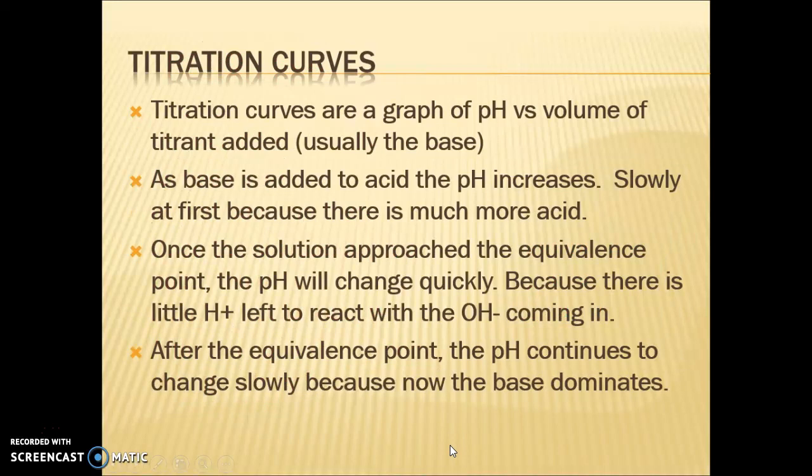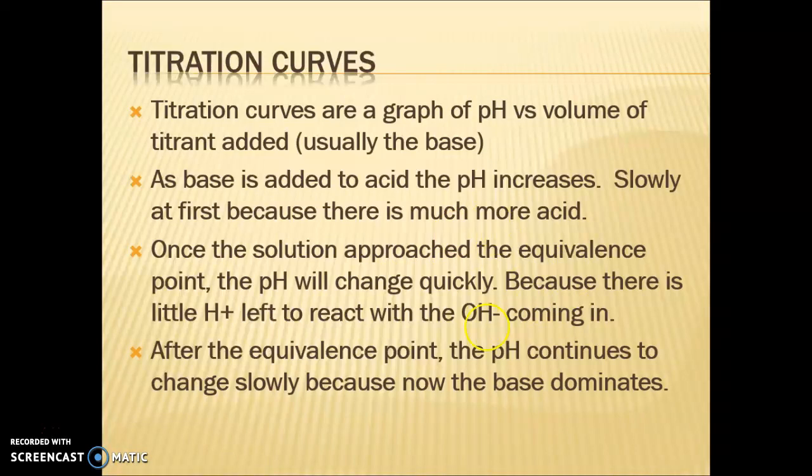So in a titration curve, there's a couple things you're going to see. It's always going to be pH versus volume. And so the pH will be on the y-axis, the volume is on the x-axis. And so as you add base, typically, you're going to see what happens to the pH. pH is going to go up slowly at first because there's a whole lot of acid there and not a lot of base.